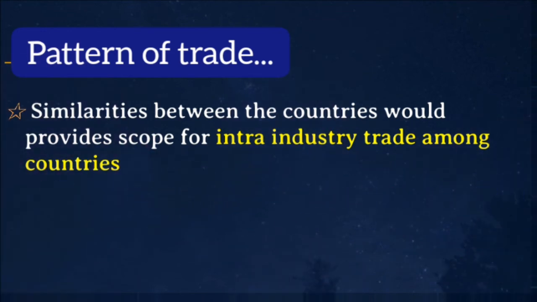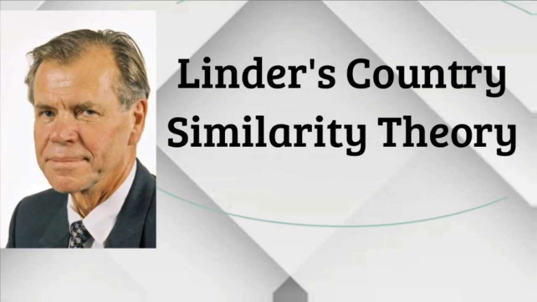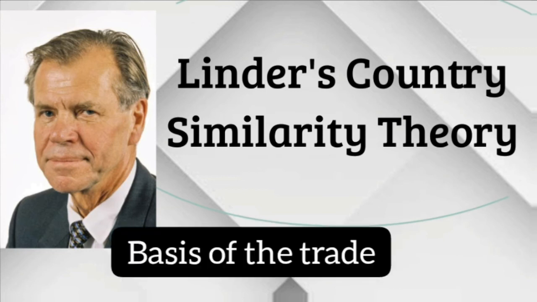I have already explained the concept of intra-industry trade in the beginning of this lecture, and this is how the system of trade works according to Linder's country similarity theory. According to this theory, the similarities between the countries are the basis for trade among the countries.